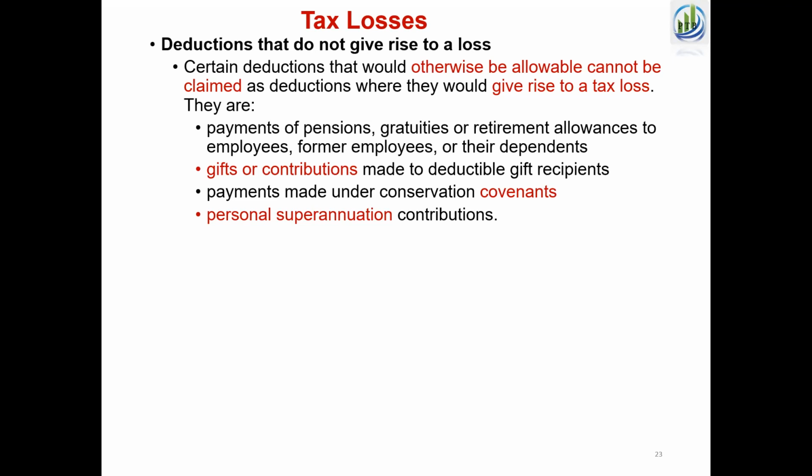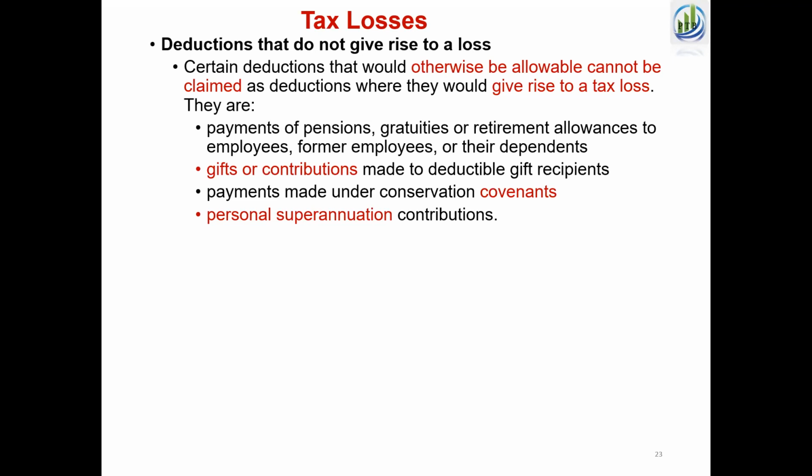If you have a tax loss, you cannot deduct from your income. So the maximum amount you can deduct is up to taxable income zero, right? You cannot make it a tax loss using these types of deductions, right? That's very important.